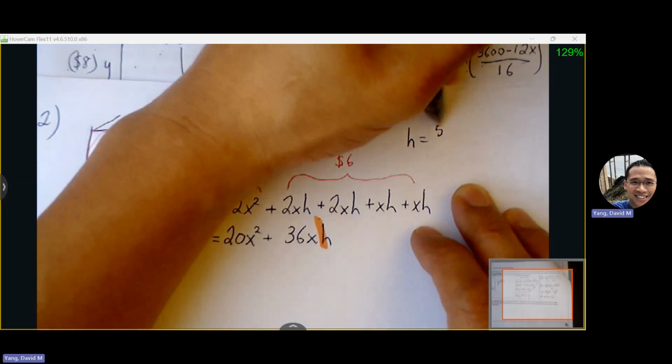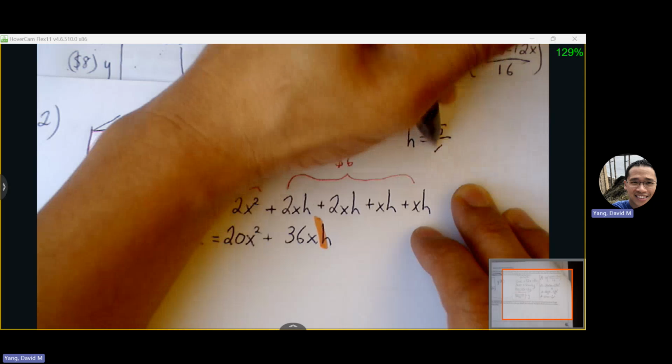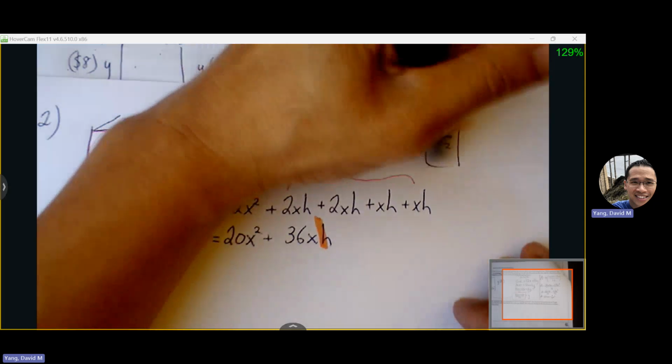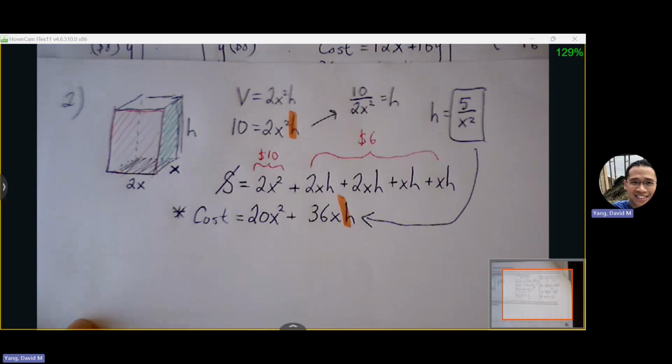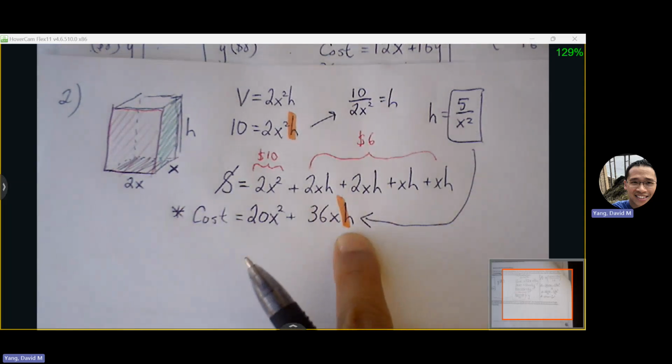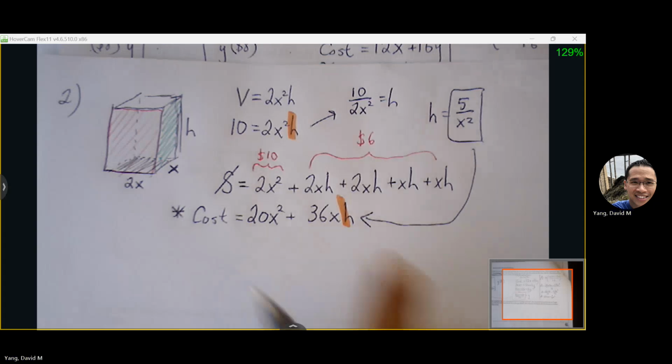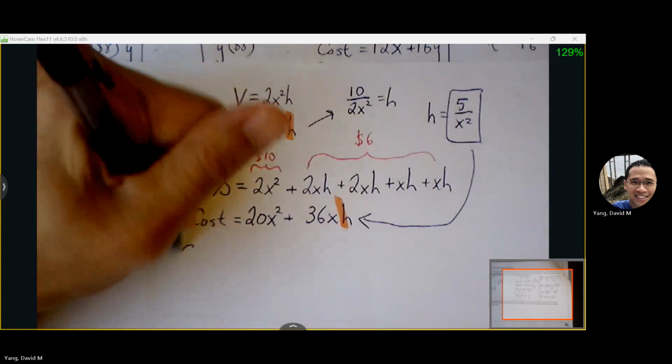Reduce this, make it 5 over x squared if you want. And I'll take this, plug it into my h. So once I get my cost equation down to one variable, I can get it ready for power rule, find the derivative, set equal to 0, and solve for x.